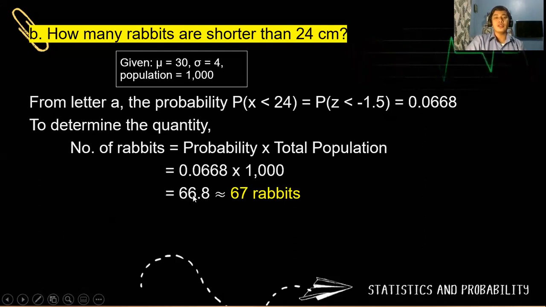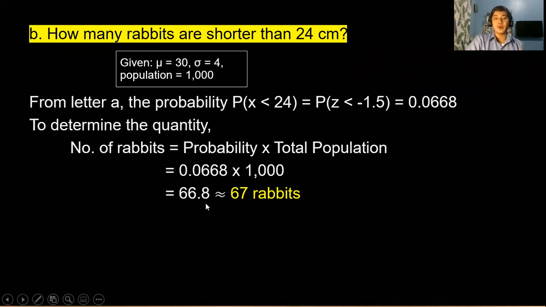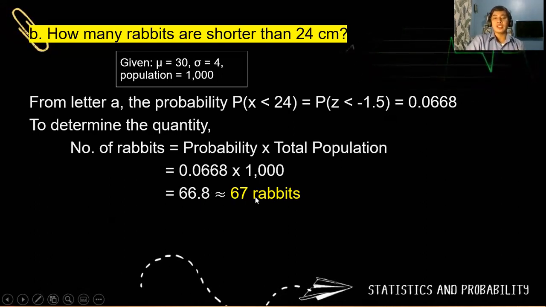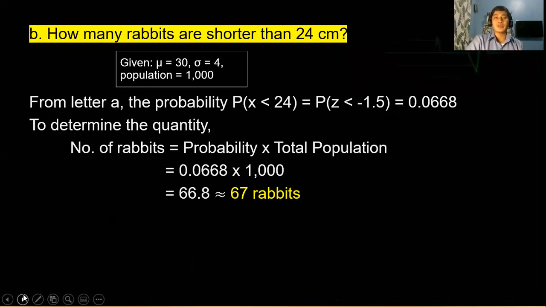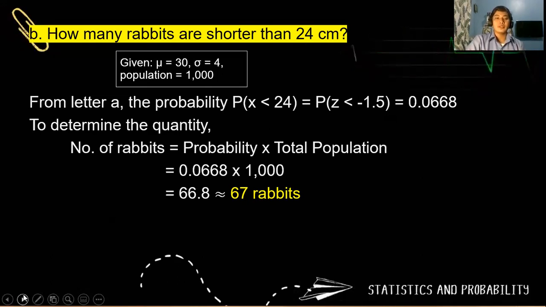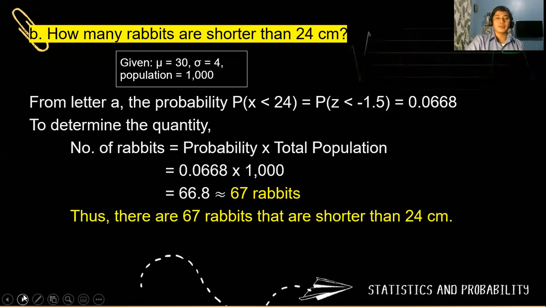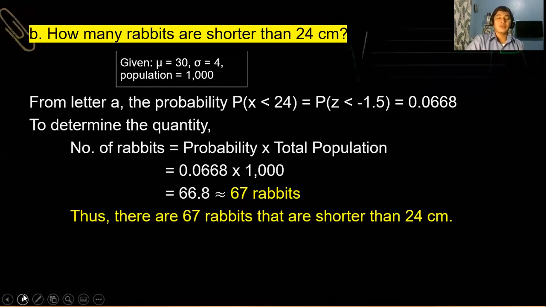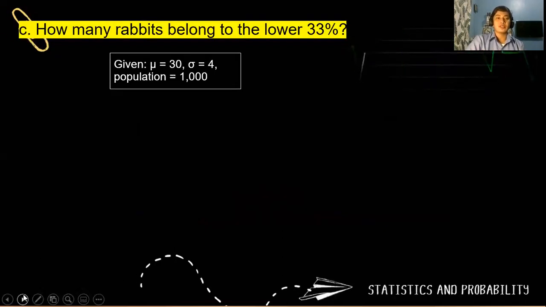All in all, there is 66.8. So we round it up because there is no 0.8 rabbit. Instead, we consider that there are 67 rabbits which are shorter than 24 centimeters. So that is a practical application of normal distribution. Thus, there are 67 rabbits that are shorter than 24 centimeters.